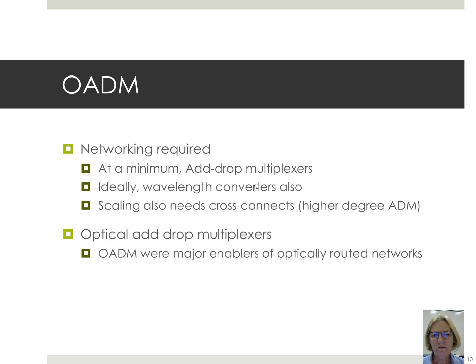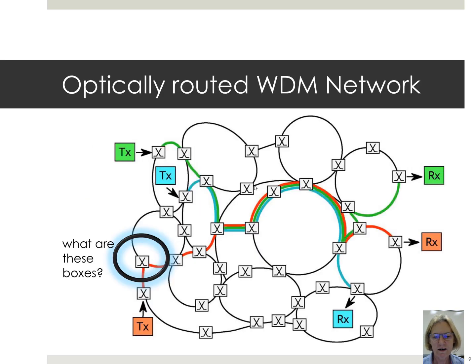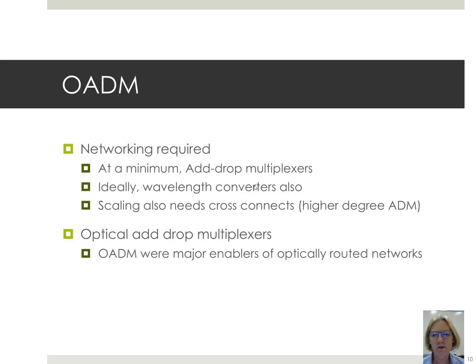So what I'd like to talk about next are some of those switching units we saw inside of the optical network and what they're required to do. We call these an optical add-drop multiplexer. So in order to do switching, that box that we saw in our network, at the very least, has got to be able to add a wavelength if we need to add one at that ingress point, or it's got to be able to drop it if we're at an egress point.